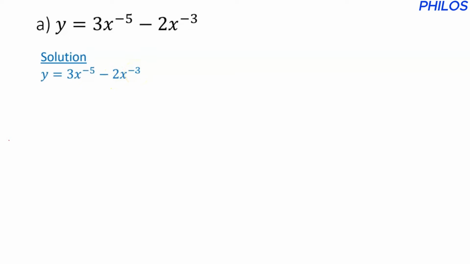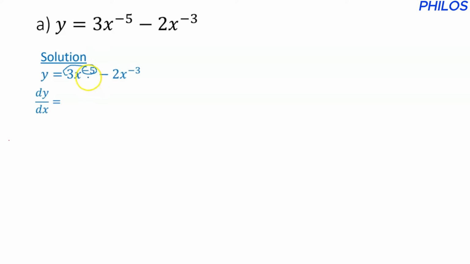Now, to differentiate y with respect to x, what we are going to do is take the exponent of x, which is negative 5, and use it to multiply the entire thing. Then we subtract 1 from the exponent.